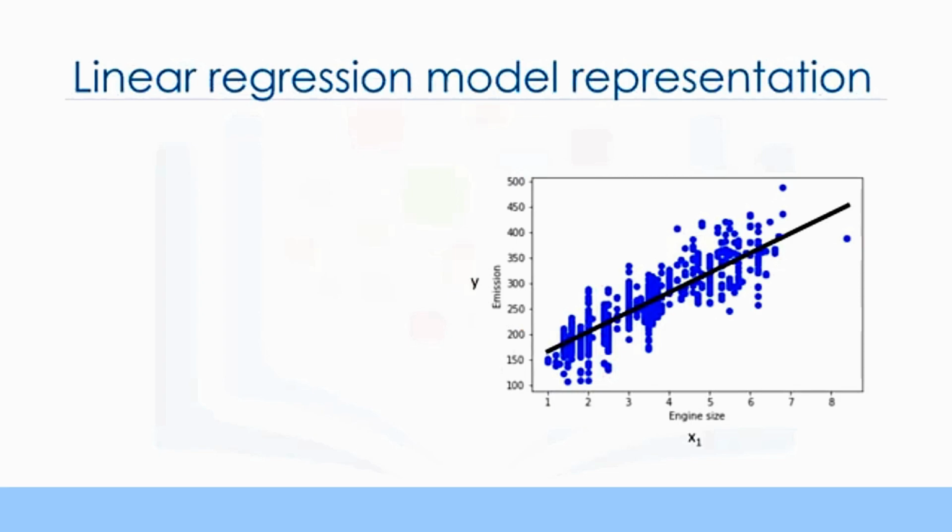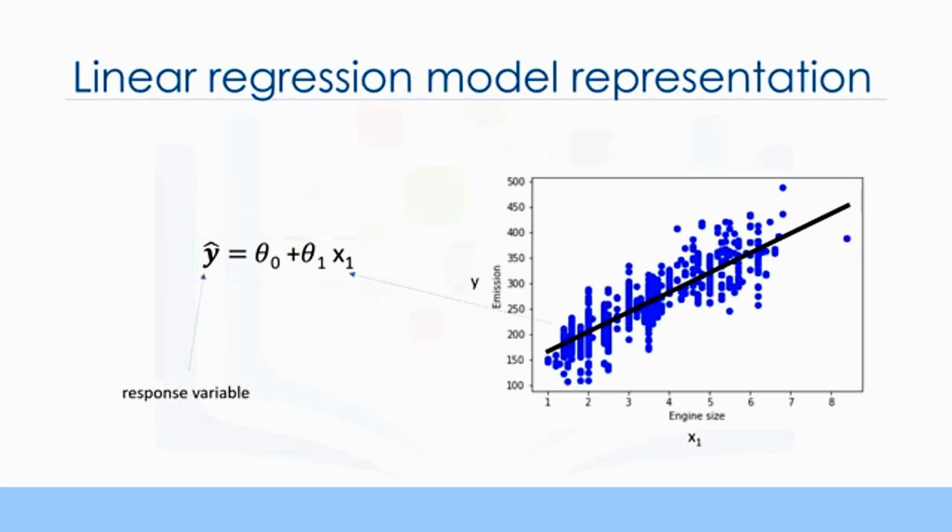Now, let's talk about what the fitting line actually is. We're going to predict the target value, y, in our case using the independent variable engine size, represented by x1. The fit line is shown traditionally as a polynomial. In a simple regression problem, a single x, the form of the model would be theta 0 plus theta 1 x1.